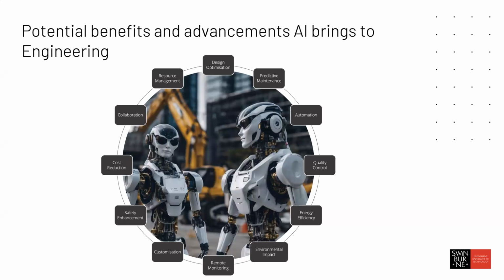Customization: AI can help tailor engineering solutions to specific needs and constraints, providing more personalized and efficient results. Safety advancement, cost reduction, collaboration with AI can also produce more quality and efficiency.